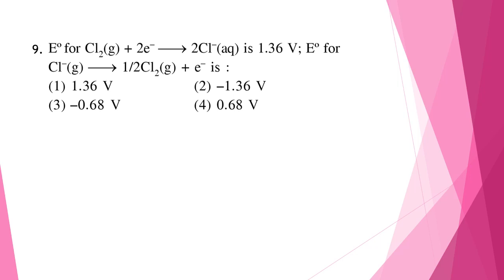It doesn't matter if from 1 it becomes half or it becomes 4, E naught will always remain the same. But the important thing that you have to keep in mind is in the second case here, the reaction has been reversed. Now, as the reaction has been reversed, you have to change the sign. Therefore, the answer here will be option 2, that is minus 1.36.